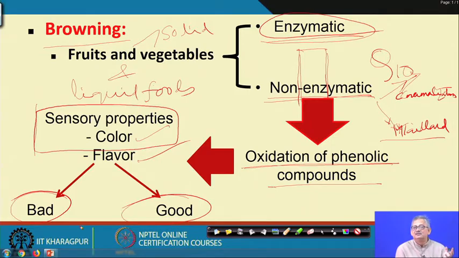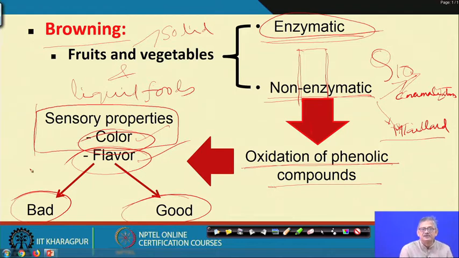When you made that kheer, that color was desirable, right? Because that was different from the milk, so that was desirable. It also produced some flavor, not only color.